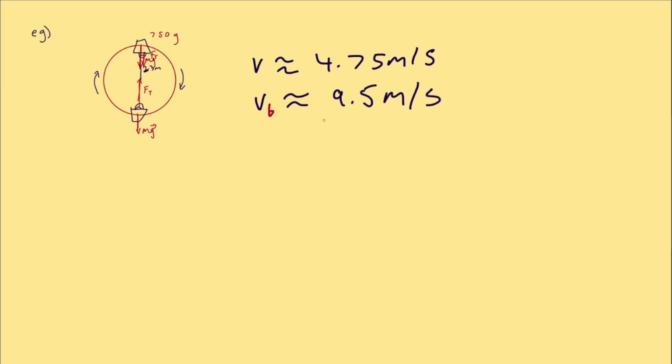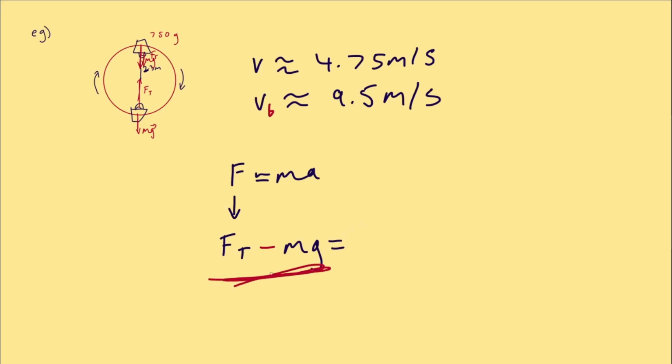Okay, that's useful. Now we can find the force of tension. Let's consider the net forces acting on this and apply Newton's second law. So F equals ma. The net forces acting on the bucket at the bottom is the tension pulling it up and gravity pulling it down. So subtraction.